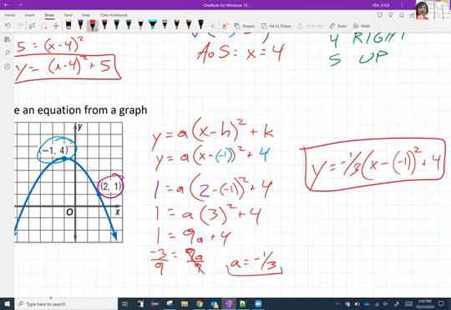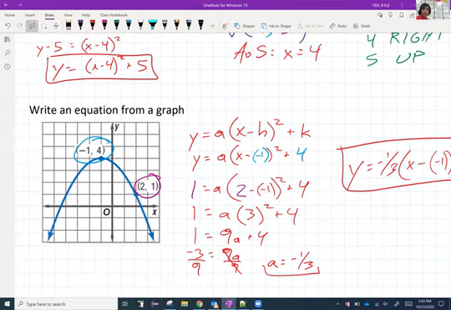So if you're given a graph, you need two things to be able to write an equation in vertex form from that graph. You need the vertex, h, k, that gets 2 of our missing pieces. And then if we have just one other point, we can plug it in for x and y to solve for the a variable, okay?